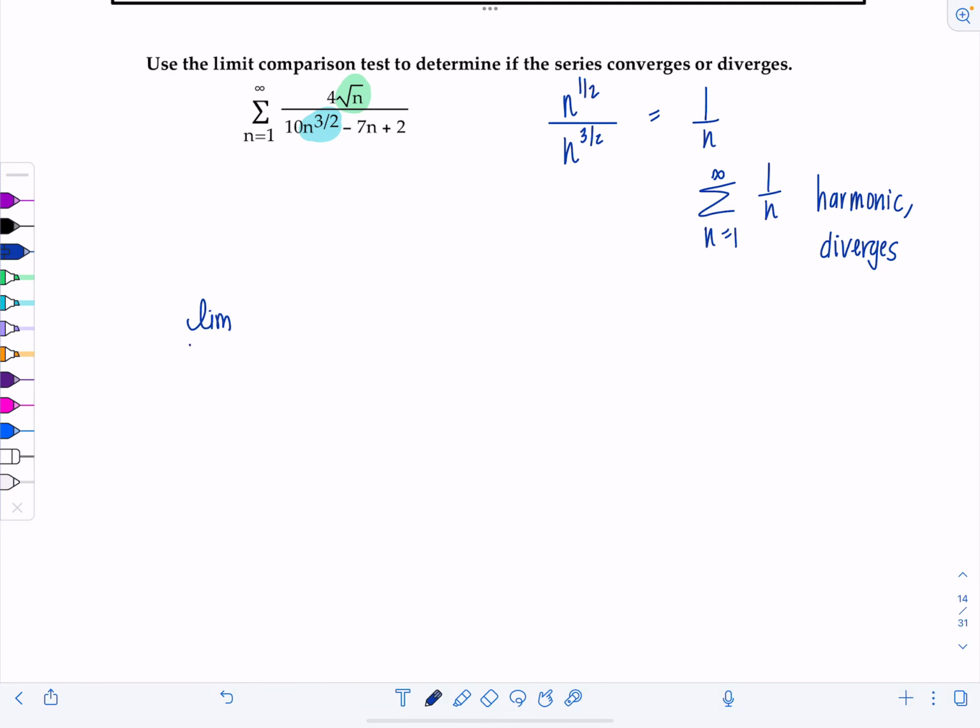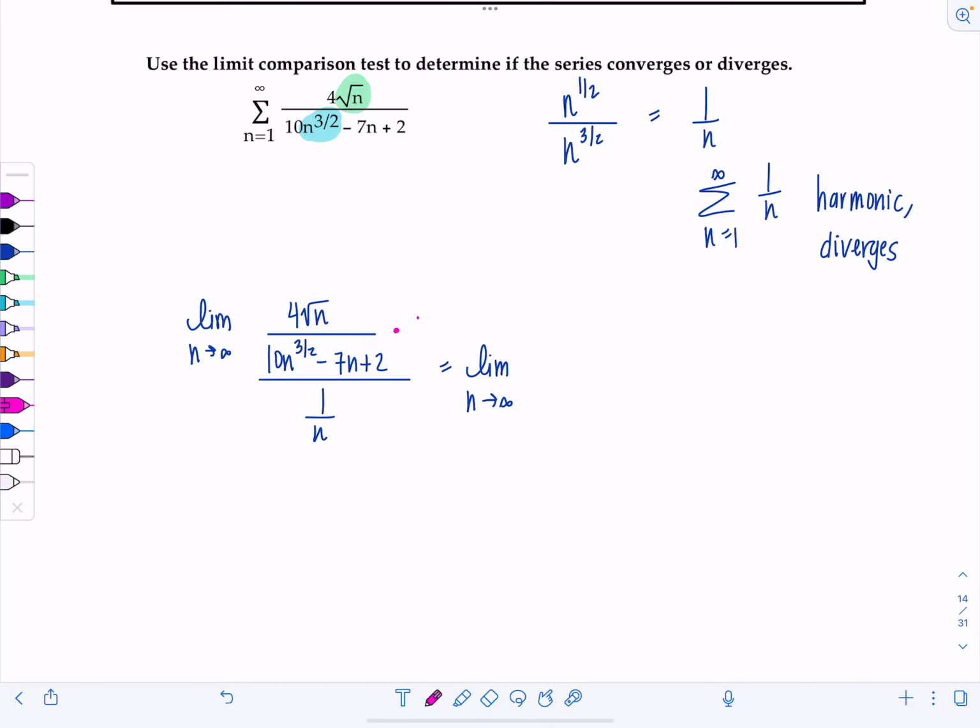So let's take the limit as n goes to infinity of the terms of our series over 1 over n, the harmonic series. If I'm dividing by 1 over n, that's the same as multiplying by n over 1. So we have the limit as n goes to infinity.